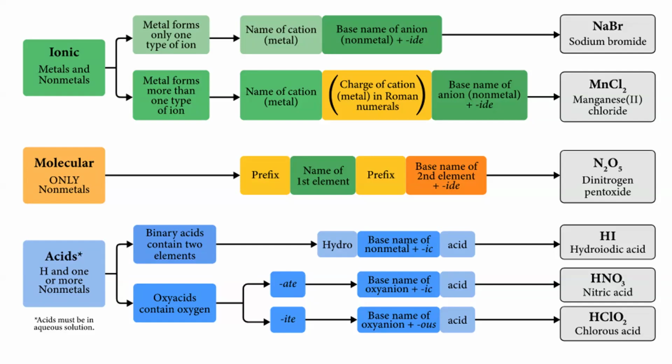So, sulfuric acid. There's a couple of them where that extra syllable gets put back in. Phosphate's the other one. It's not phosphic acid, it's phosphoric acid. But for the most part, you drop the -ate and add -ic. So sulfuric acid.